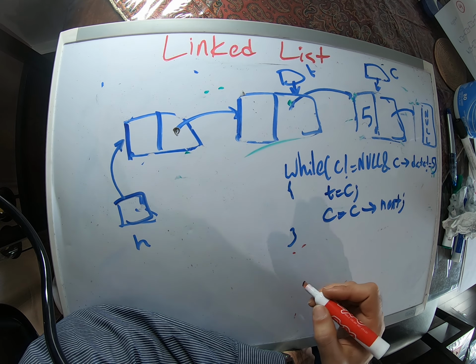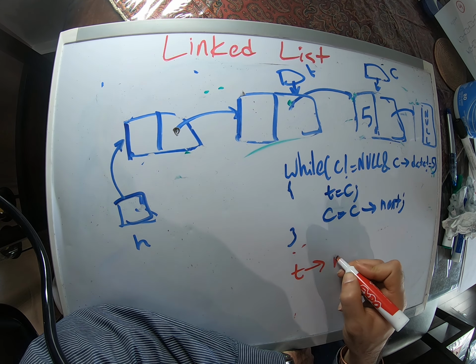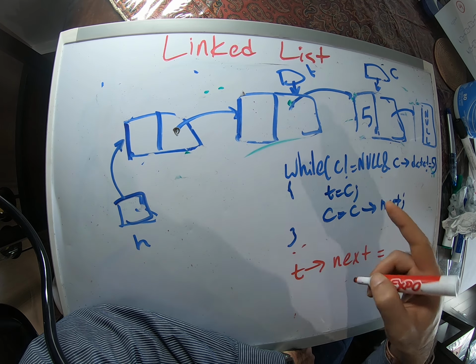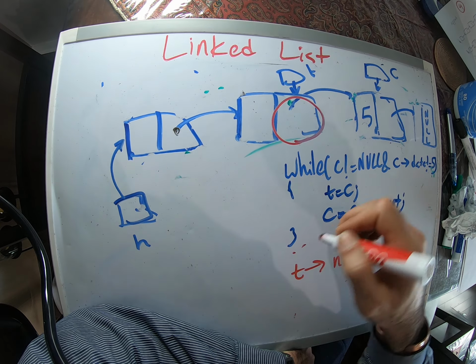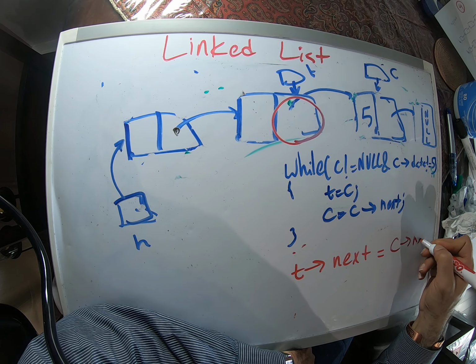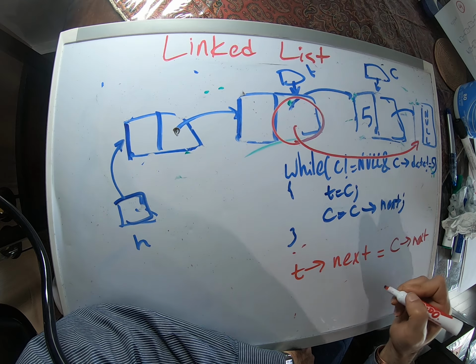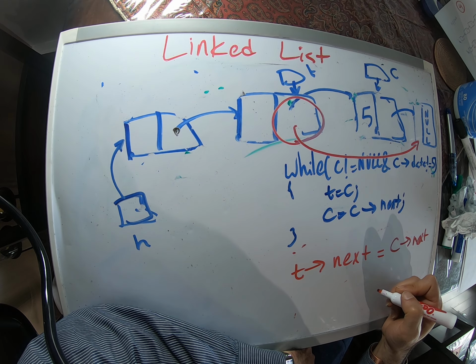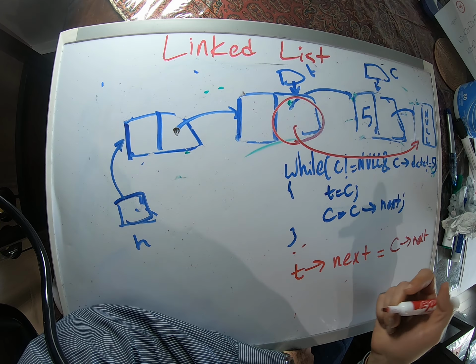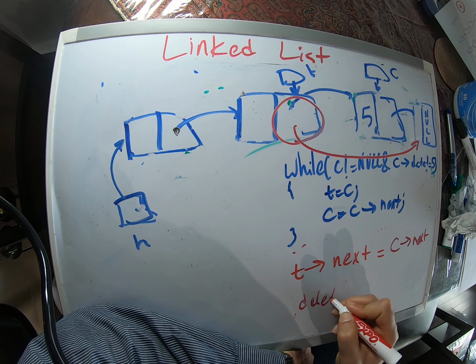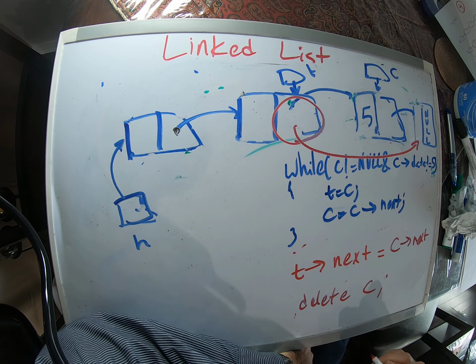So we wanna say that T arrow next is equal to C arrow next, right? And then just delete C.